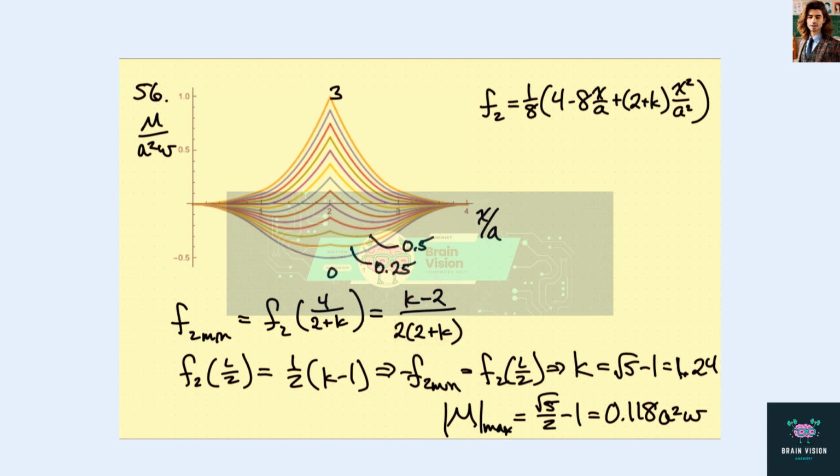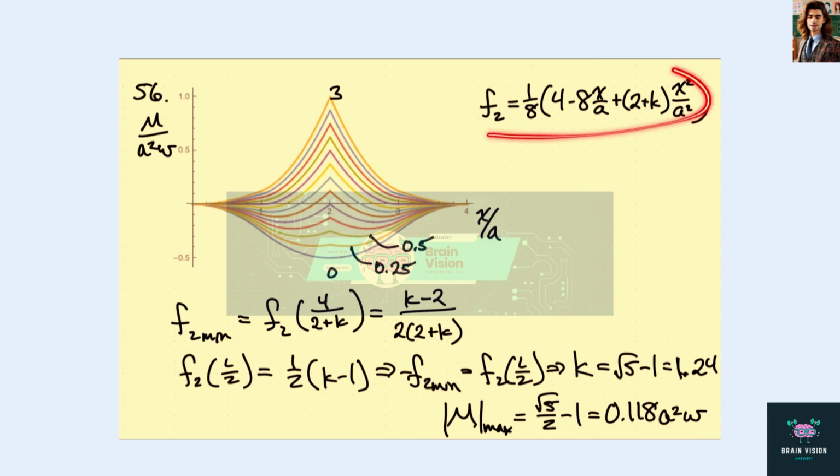Then we know that the maximum will occur, when it's positive, at the center point, so at L over 2, or at x over a equals 2.